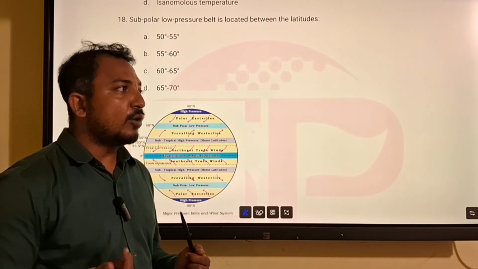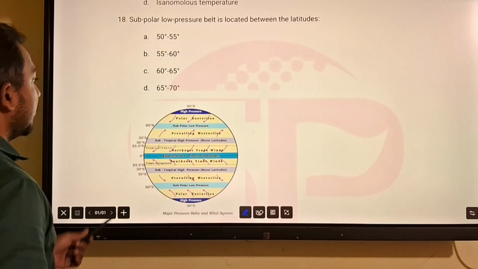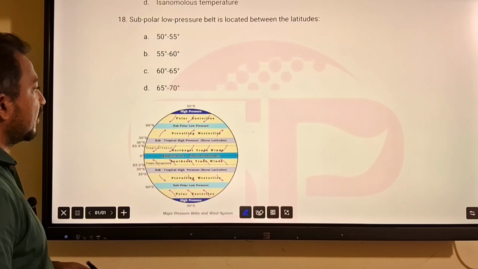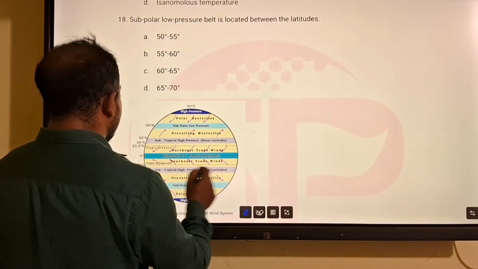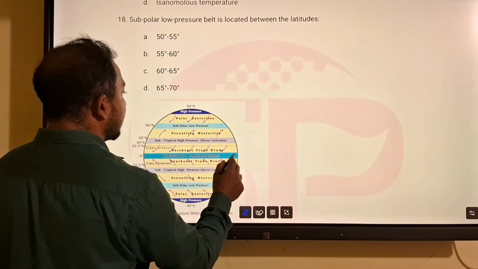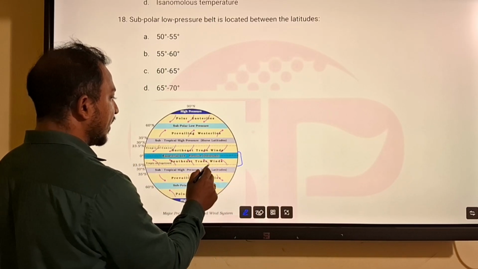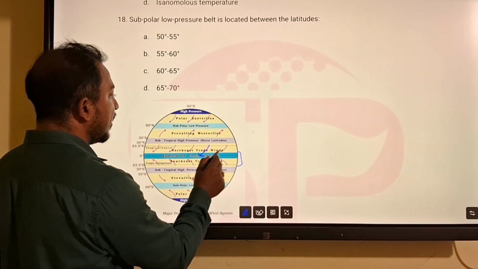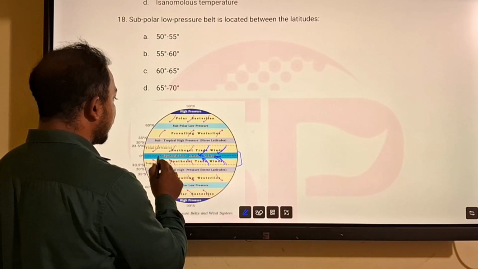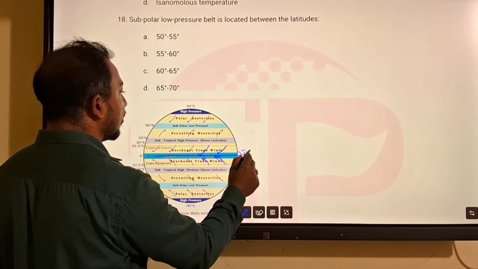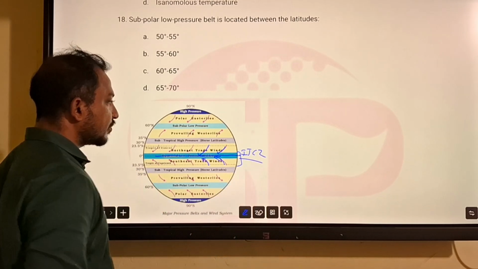Then come to the subpolar low pressure belts. We have discussed this in a previous question. The equatorial region is the low pressure zone. This is called the doldrums, where both trade winds converge. This is also called the intertropical convergence zone.